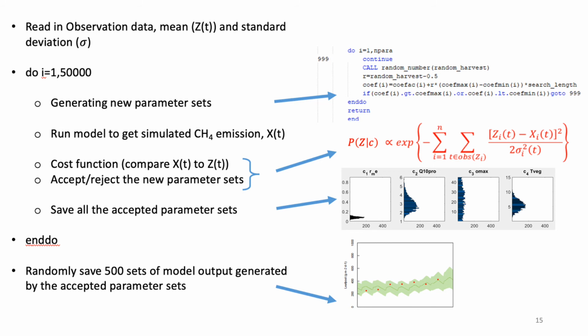In this study, it reflects errors from instruments, measurement, and spatial temporal heterogeneity. This is used in the cost function to adjust the weight of model data mismatch for individual data points.